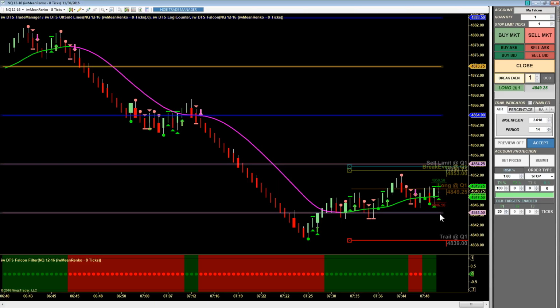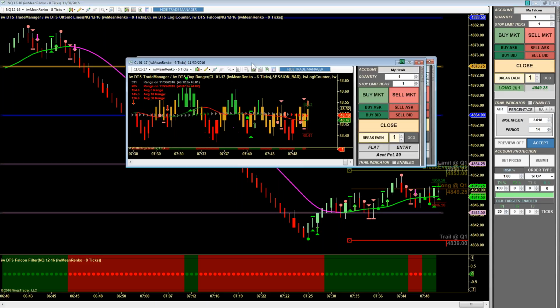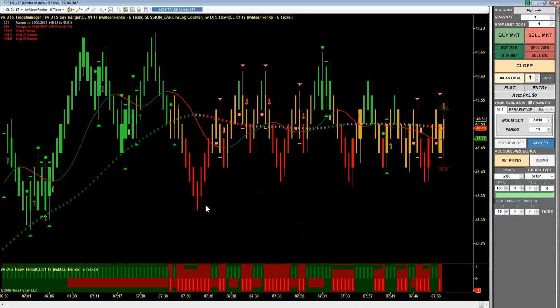I can't believe crude oil is dead flat after crude inventory. Let's take a look here. This is crude oil on the Hawk. Inventory came out right here, and you can tell from the timestamps this all unfolded in less than a minute, a few seconds, just exploded on the chart. But look at all these yellow bars.